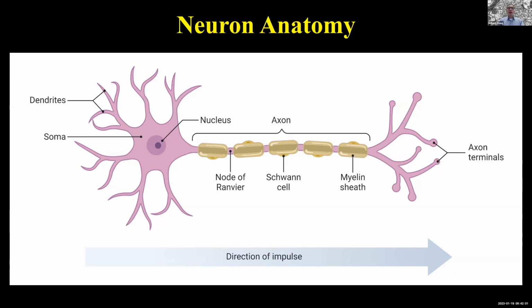For people who have no background in neuroscience, I want to briefly introduce some basic background about neurons. A neuron has three main parts: a cell body, or soma, dendrites, and a single axon, and the axon has axon terminals.